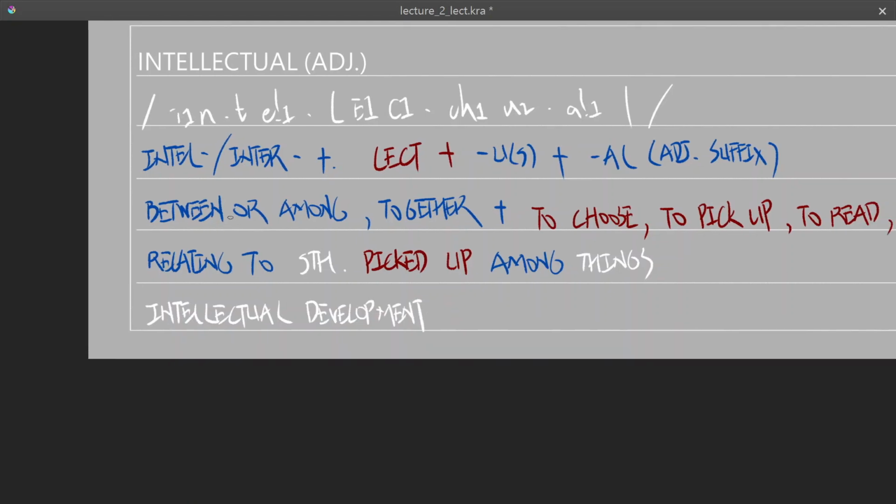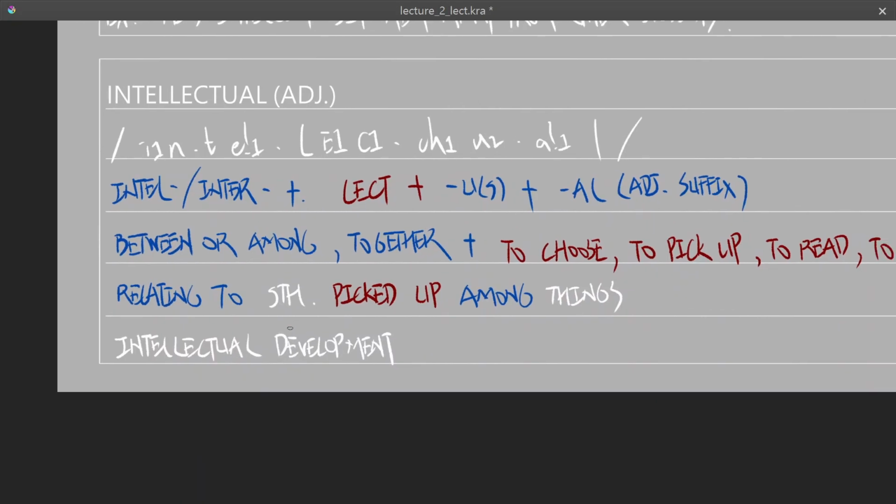So it is some kind of development relating to the brain activity, because your brain is the main system or the core system that sends commands to your body to pick up the specific thing. So we have intellectual development.